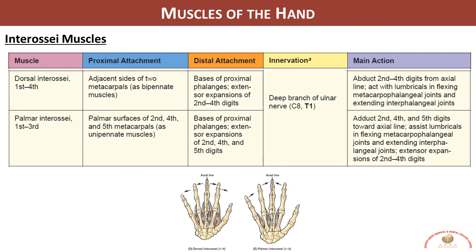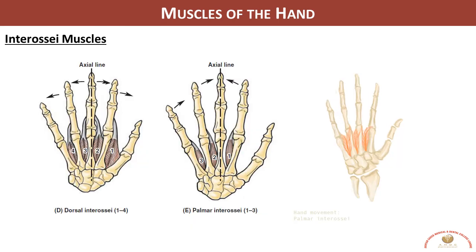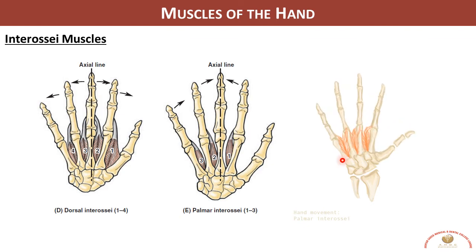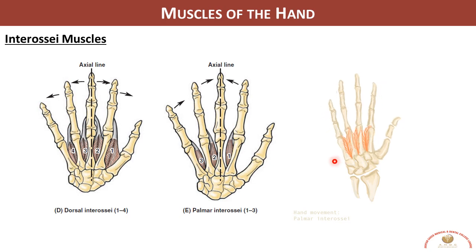So these are the dorsal interossei and these ones are the palmar interossei, and they all are supplied by the deep branch of ulnar nerve. Here you can see in this diagram, combined they will cause abduction as well as adduction. So these are the functions of the dorsal and palmar interossei.